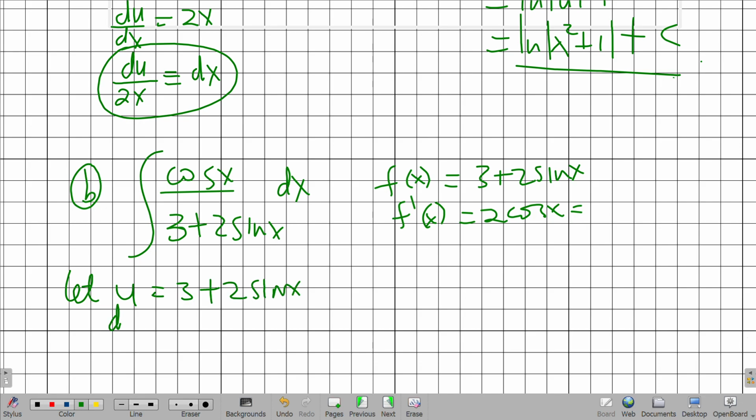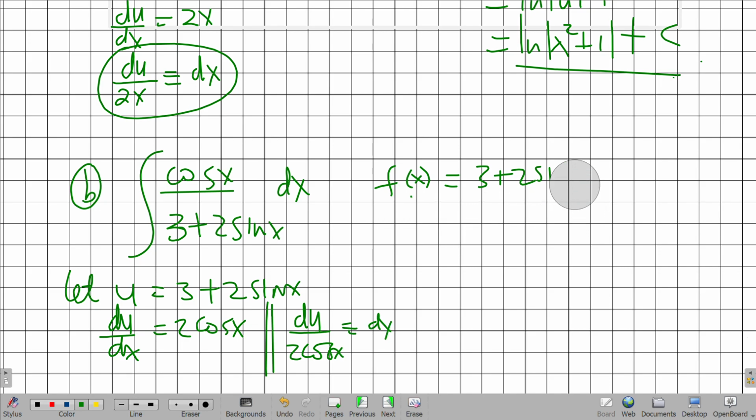and du over dx is equal to 2 cos x. So we can replace, this means we are going to have du over 2 cos x being identically equal to dx. So as a result, this leads us to what we want.